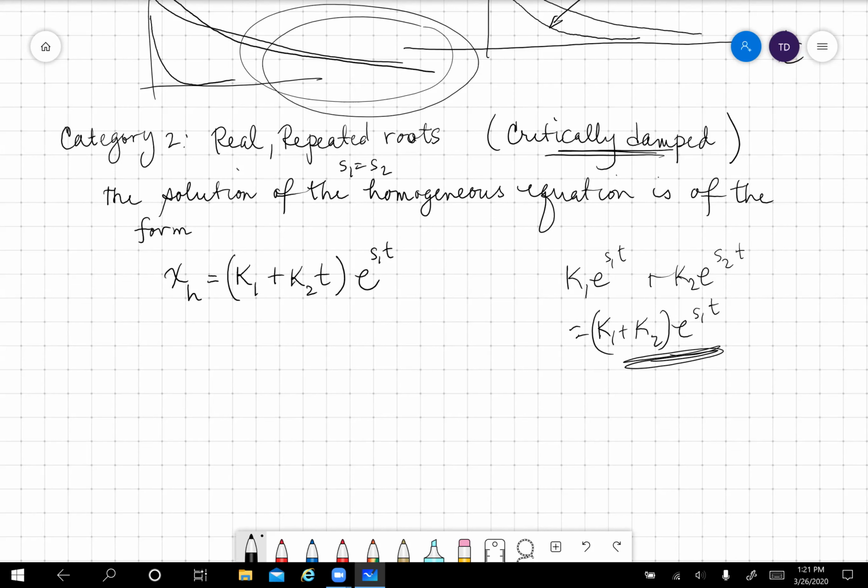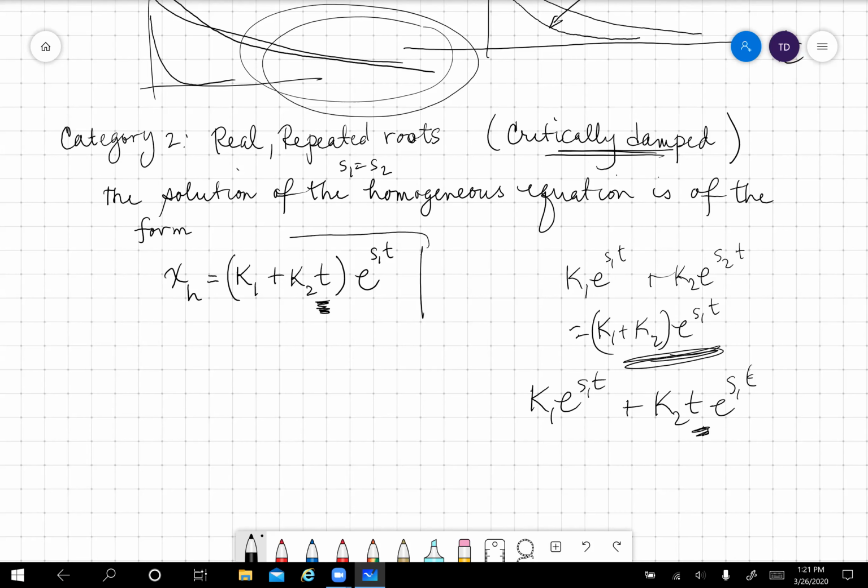Anytime you get something funky going on with something that's repeated, we know from mathematics it means an x multiplier. Here, it's a t multiplier. So really what this is, it's K1 e to the S1 t plus K2 t e to the S1 t. I get this t multiplier.